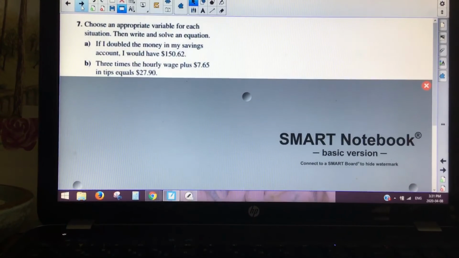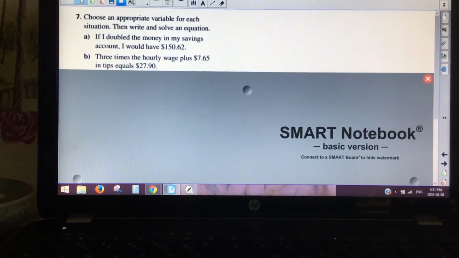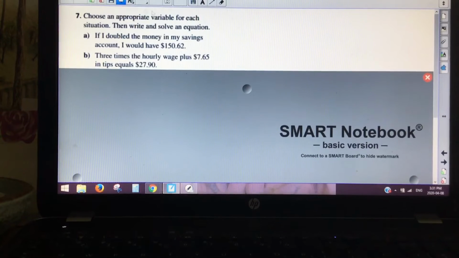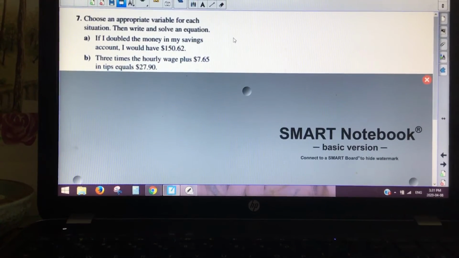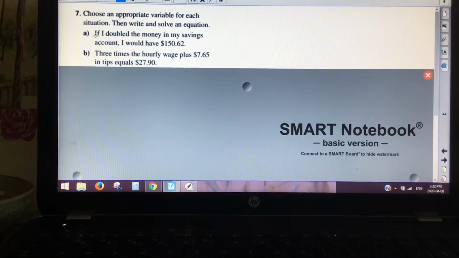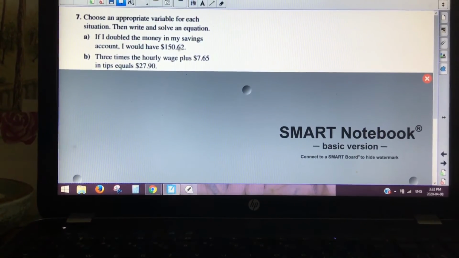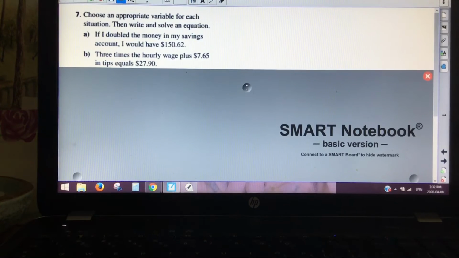All right, here's the word style problem that some people were struggling with yesterday. Choose an appropriate variable for each situation, write and solve the equation. So A, if I doubled the money in my savings account, I would have $150.62. Let's do that one first. Give it a try. So pause it.